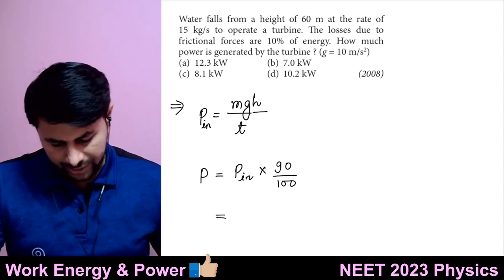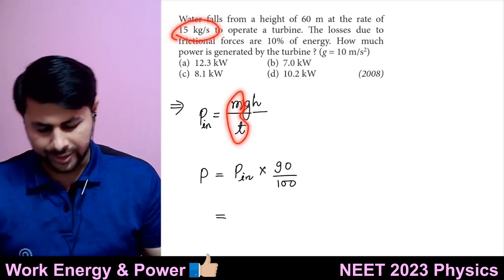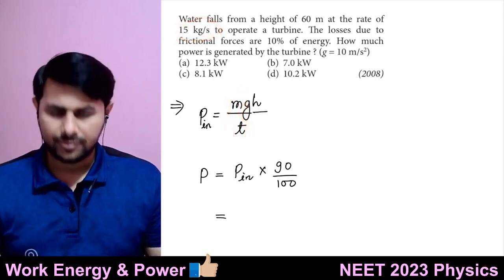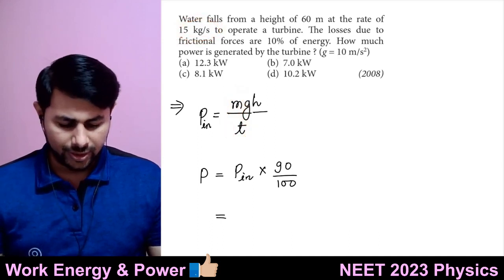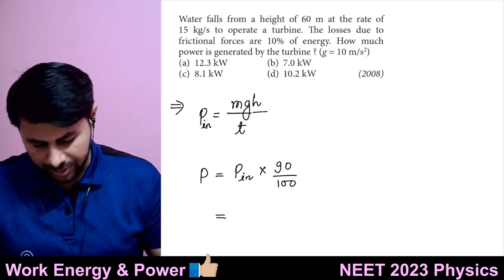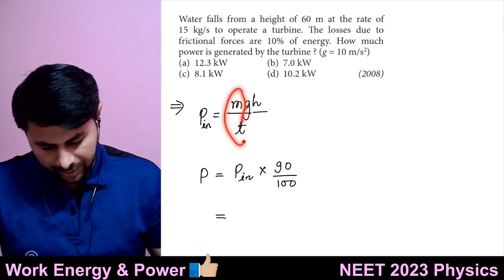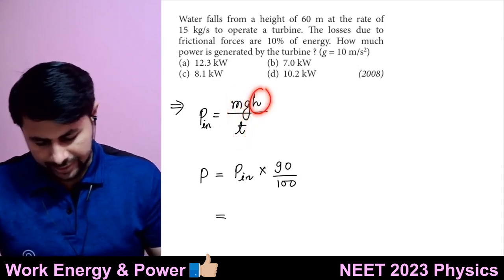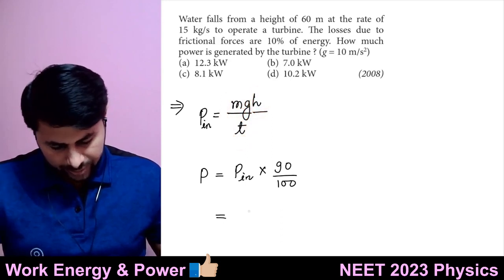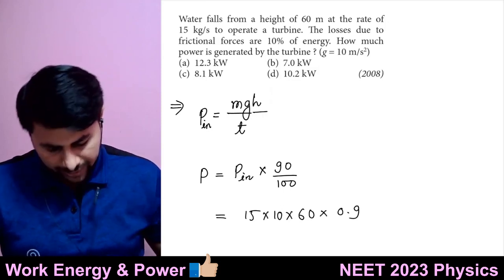So mgh, so you are given m by t, which is 15 kgs per second, right? It falls at the rate of 15 kgs per second. That means you are given m by t. Then you can substitute the values. So m by t is 15, g is 10, and h is 60. So it is 15 times 10 times 60 multiplied by 90% or 0.9, you can say.